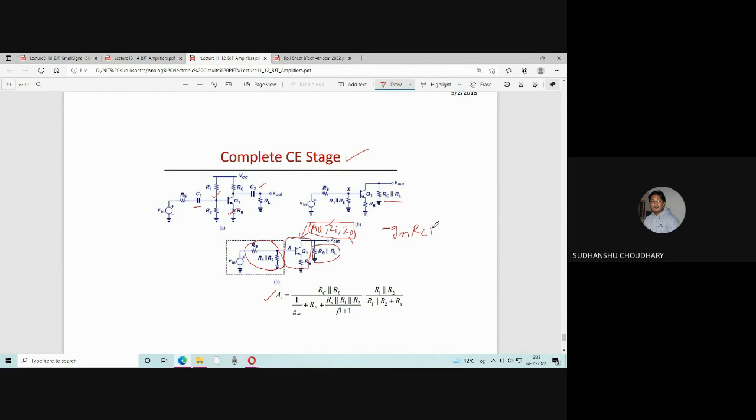So we'll simply say minus gm RC parallel to RL. So this way one can modify the gain of the complete stage by looking into the common emitter degeneration stage. So one can write the gain equation as this for this circuit.